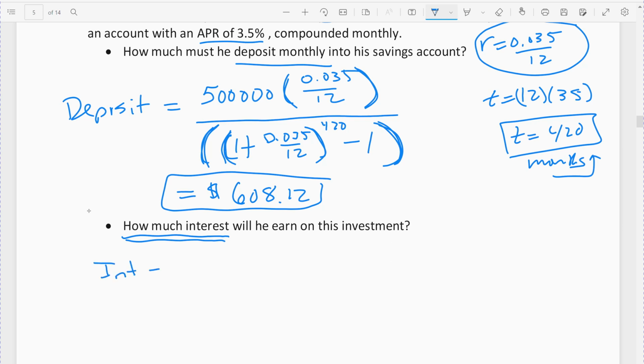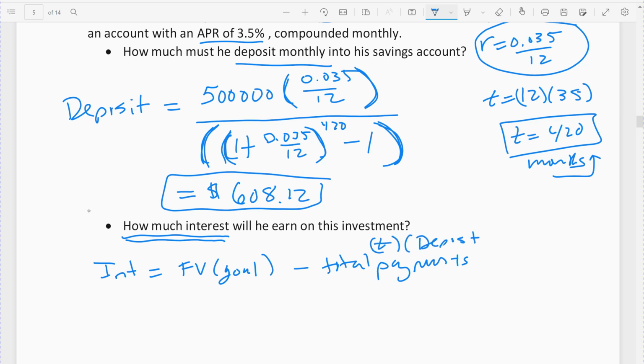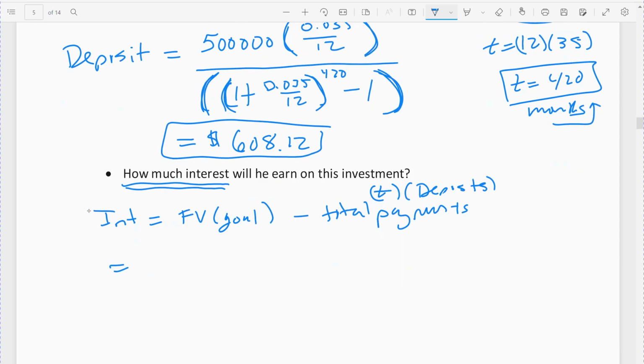Well, interest, remember, is your future value, your goal, minus your total payments. Remember, total payments is T times your deposit. So in this case, the future value was $500,000. T was 420.